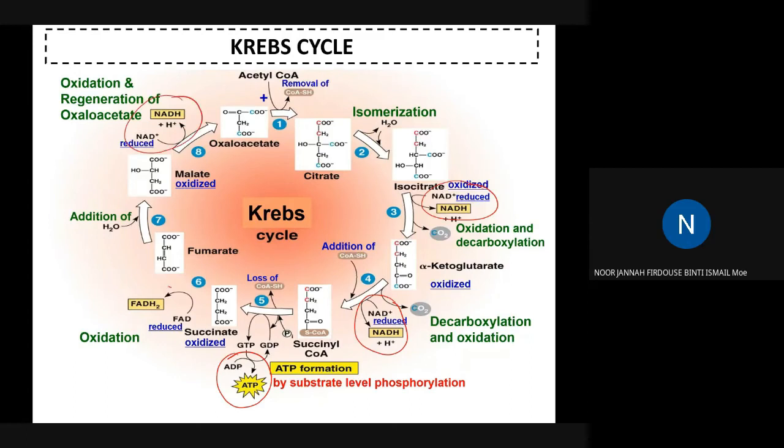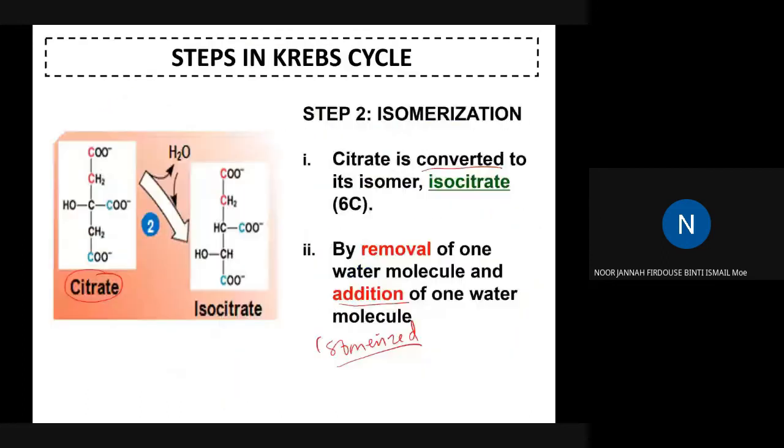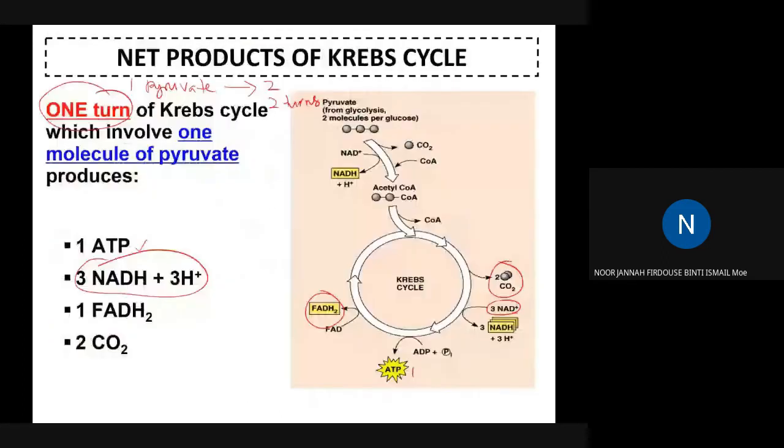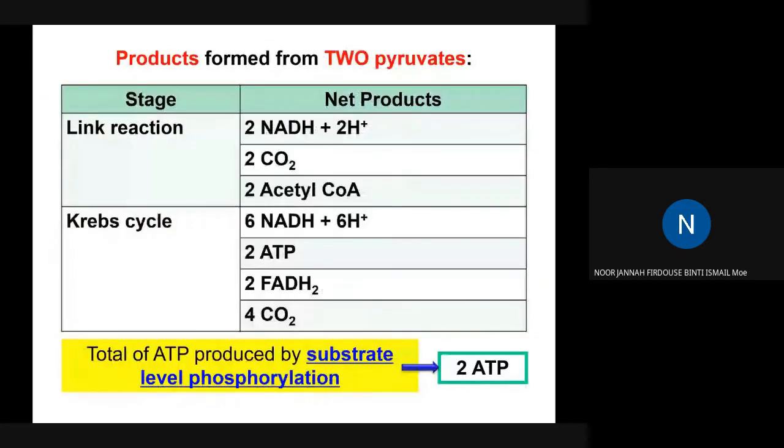FADH2 ada 1 saja. Right. Carbon dioxide di sini ada 2. Okay. So the net produce, kalau kita ambil Krebs cycle tadi 6, 2, 2, 4.